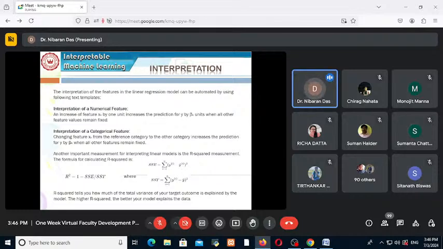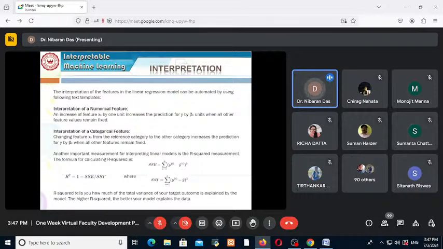Now, interpretation of categorical features. Changing feature x k from the reference category to the other category changes the prediction for y by beta k when all other features remain fixed. Another important measure for interpreting linear models is the R squared measure. The formula for calculating R squared is 1 minus SSE over SST.